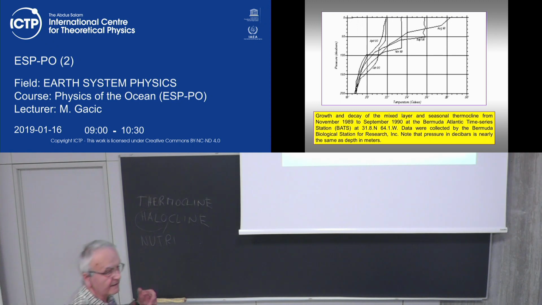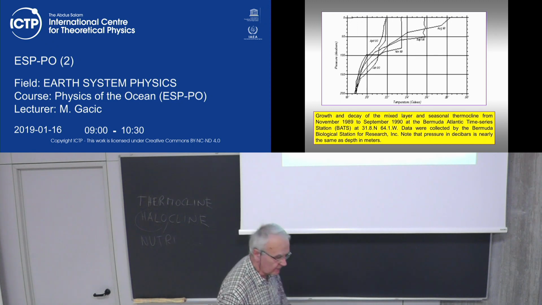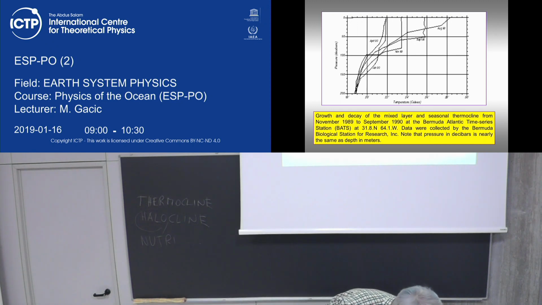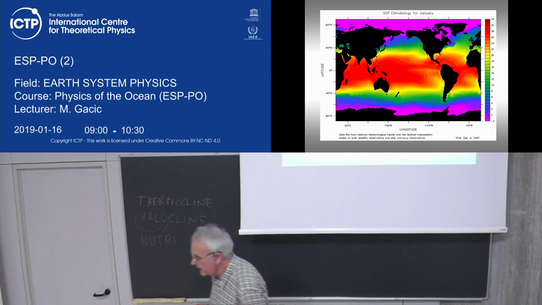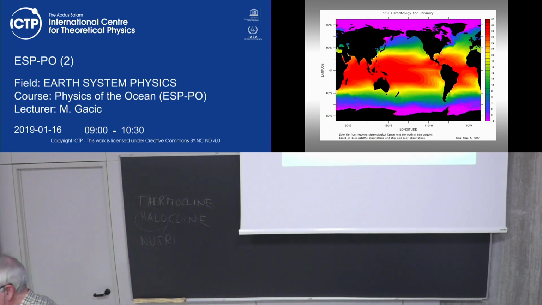So this is the typical distribution of temperature in an area where you have a strong seasonality. So you have what we call a seasonal thermocline. This thermocline appears only during the summertime.